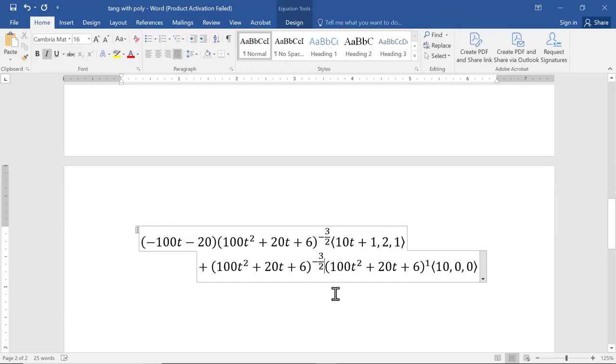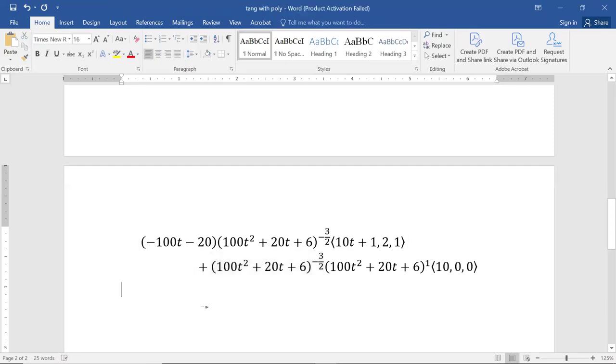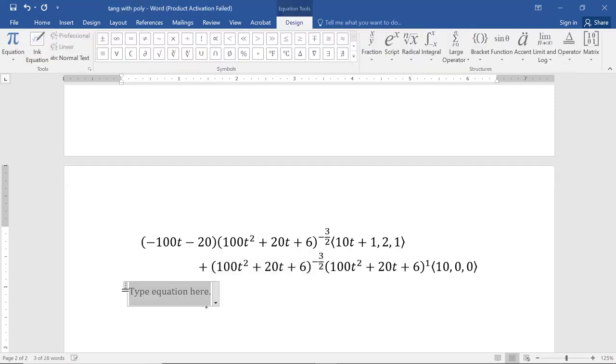And then, since I have a common factor, that's this ugly thing right here, I can pull that whole thing out. So I can take 100t squared plus 20t plus 6 to the negative 3/2 power and factor it out.